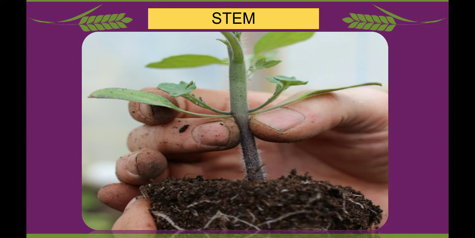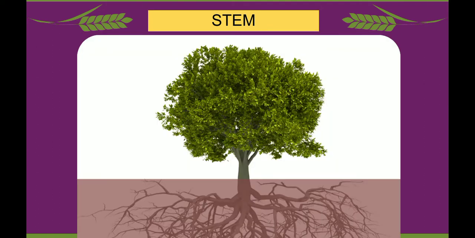Upright means standing straight upwards. So this strong stem we call a trunk, and it helps the plant to stand upright.